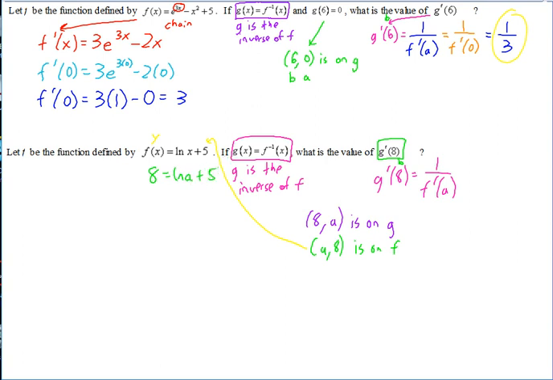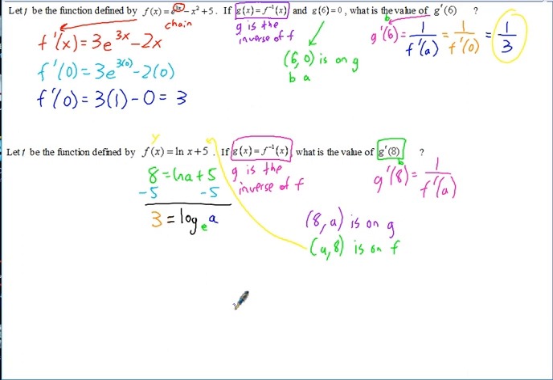Well, now we have something we can use to solve for a. So to solve this, you would just subtract the 5 from both sides. Gives you 8 minus 5 is 3, equals the natural log of a. And then to make this one easier to solve for a, remember natural log is a short way of writing log base e of a.